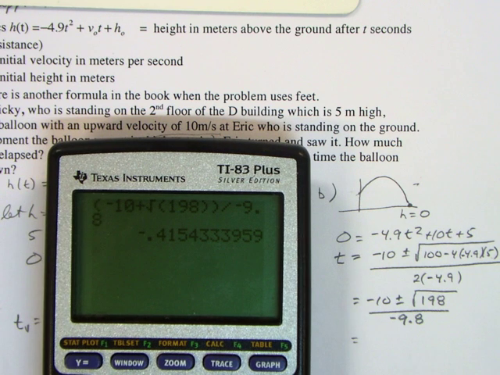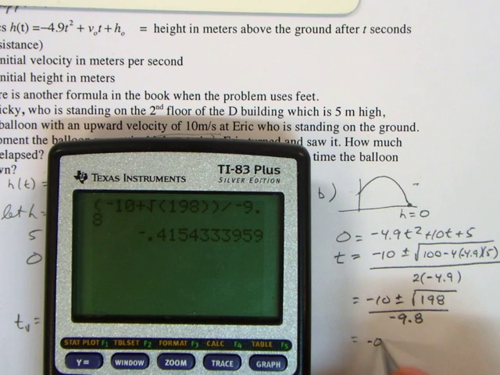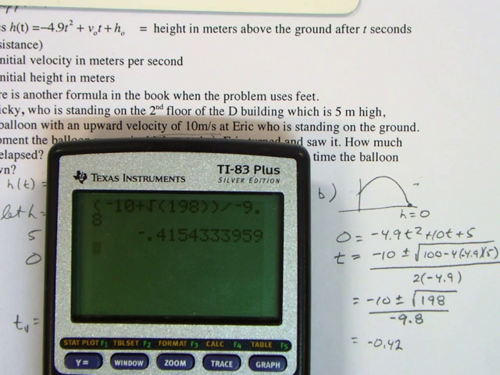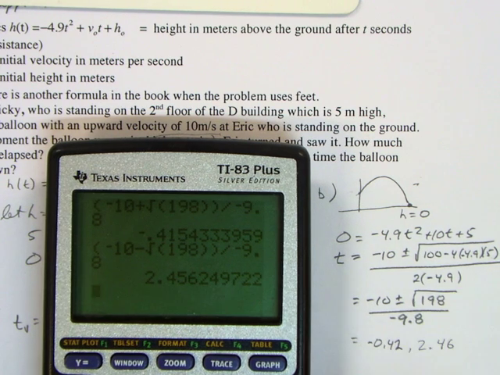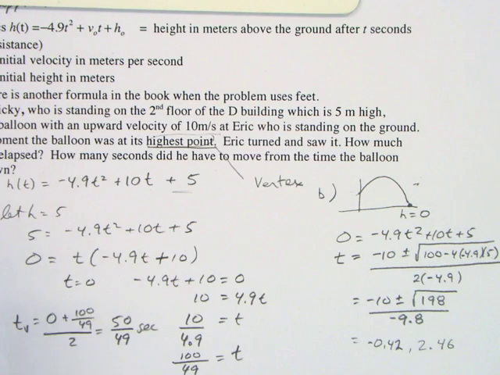So that gives us a negative 0.42 approximately. And then if we do that again, type it in again and change this to a minus, we get 2.46. Now, when we look at that and you see these 2 times, what does this negative 0.42 mean?